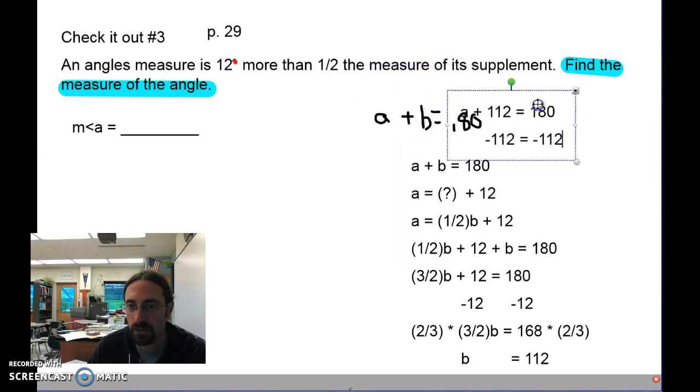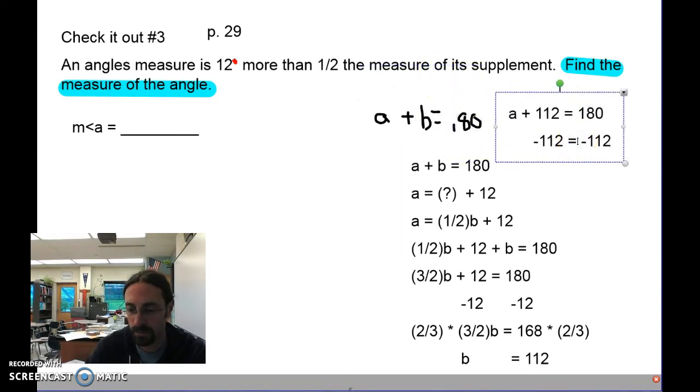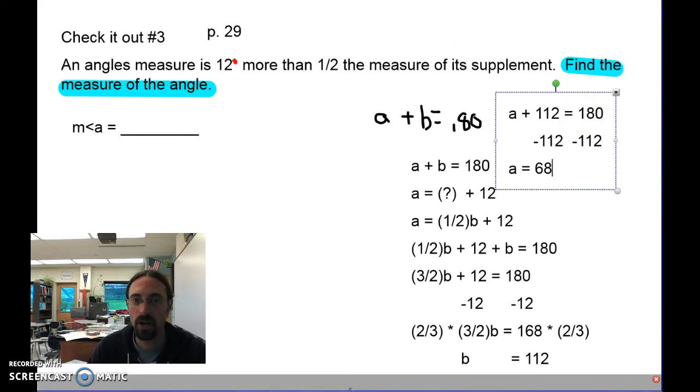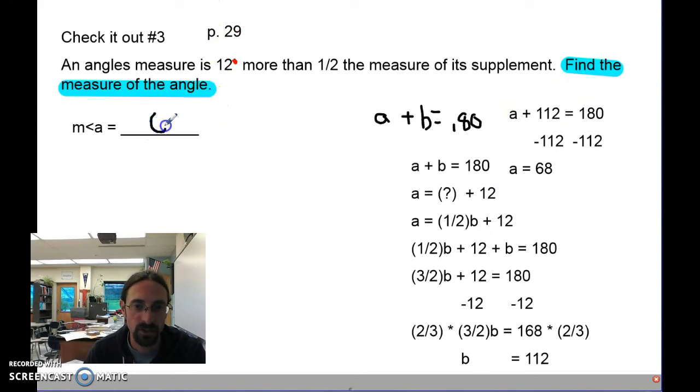Let me just move this over. Right, so I'm subtracting 112 from both sides, and lo and behold, A equals 68. And of course, 68 and 112 does add up to 180. So let me just put that in right here. So I've got 68 degrees. And I have finally answered the problem.